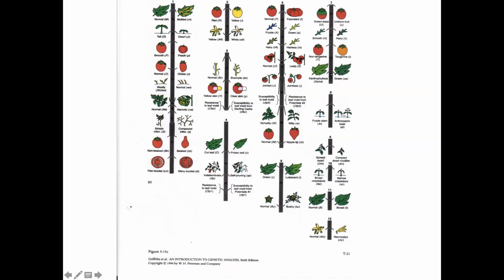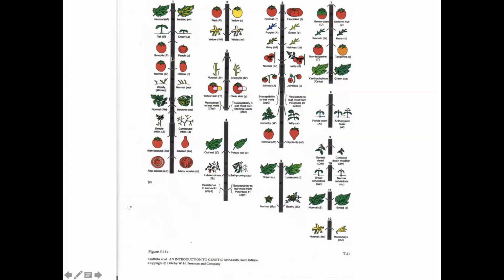And here's a second gene that determines the texture of the fruit, smooth versus peach. So it either has a smooth skin or it has a peachy texture to the skin, the pubescence of a peach. So you can see there's an interval between those two genes. That distance has been calculated based on recombination frequencies. And I can't see what the map distance is, but we'll just say it's relatively small. So then if you look at the next gene on chromosome 1, this is the one that determines fruit shape.